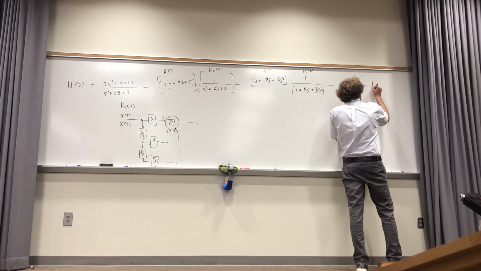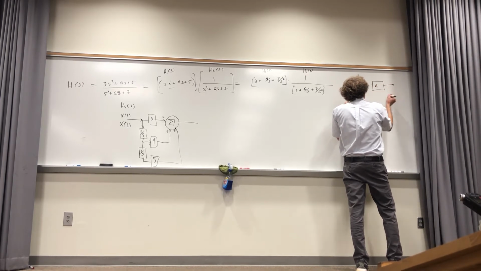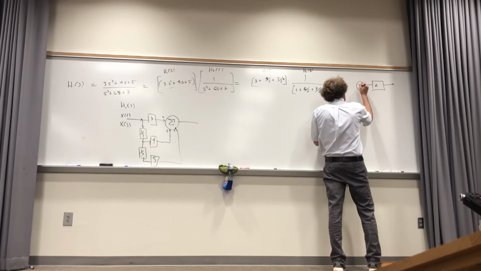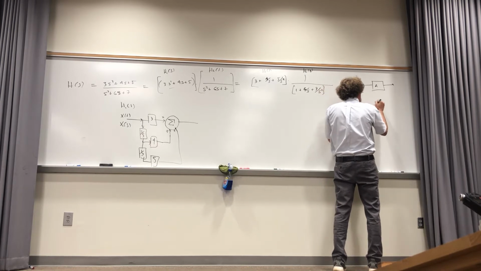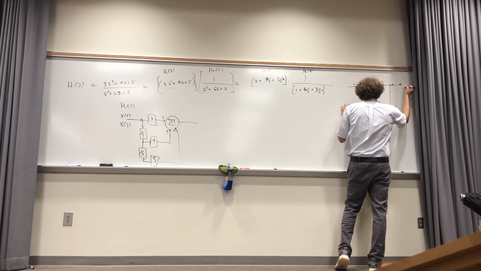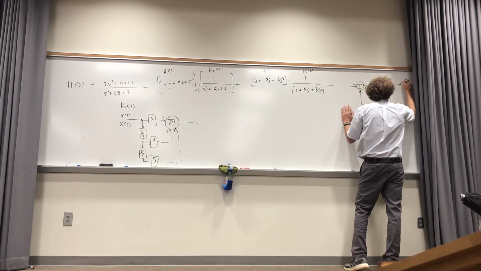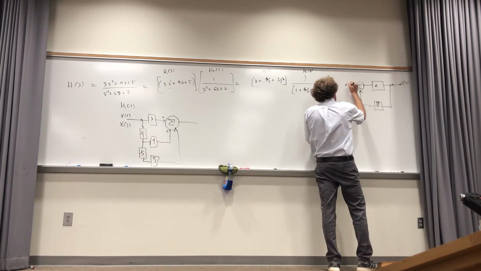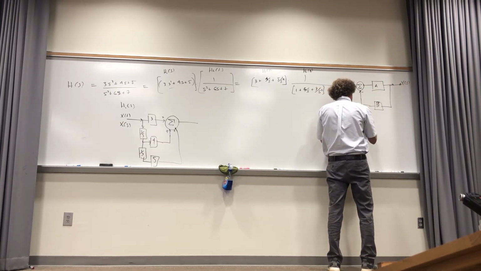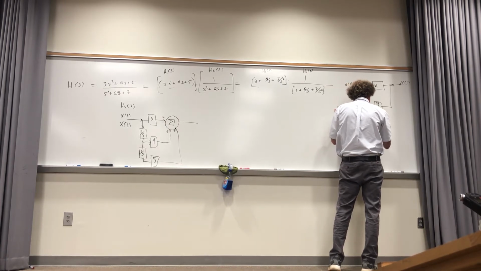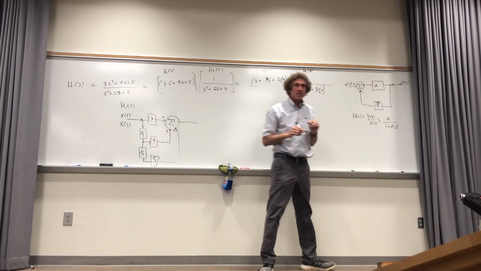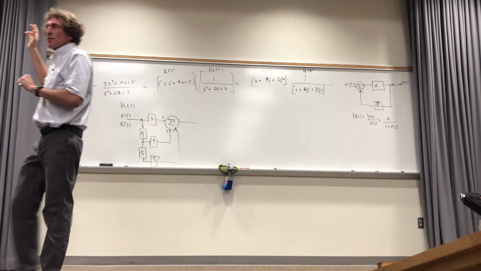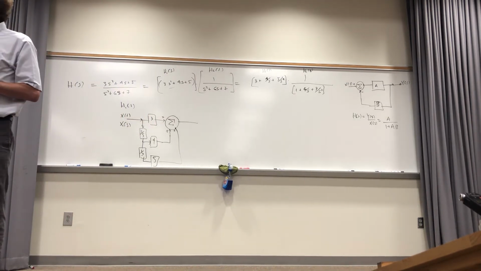Remember before I said that if you had a forward gain of A, and here it's negative feedback, so this is the input, this is going to be a plus, this is going to be a minus, and you had a reverse feedback of beta or B, and this was the output, Y of S, and this is the input X of S. Well, the H of S for that circuit, which is Y of S over X of S, is just equal to A over 1 plus AB. Y'all remember that, class? Give me a show of hands, how many of you remember that? This is almost guaranteed on the final. You're going to see stuff like this.